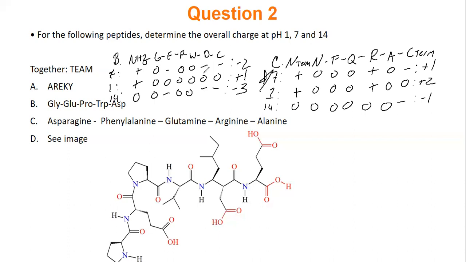The last one, the image, is kind of hard to figure out when you're not used to looking at amino acids, not used to looking at proteins. So the way to start with this is you need to find the N-terminus. So you need to find the nitrogen that's somewhat open, that is not in two peptide bonds.